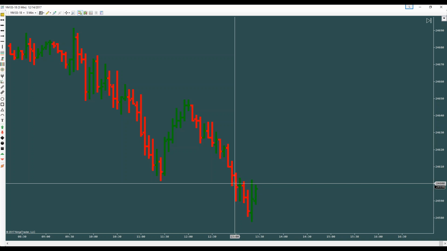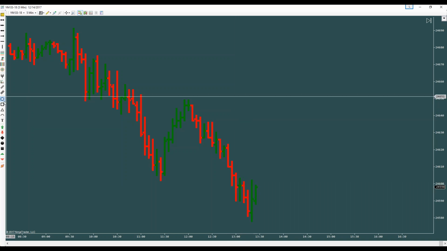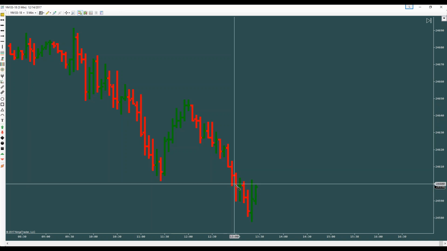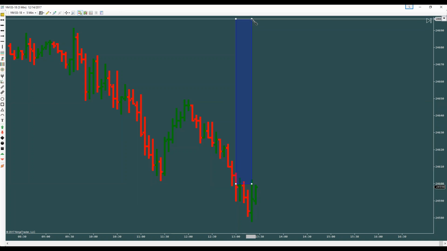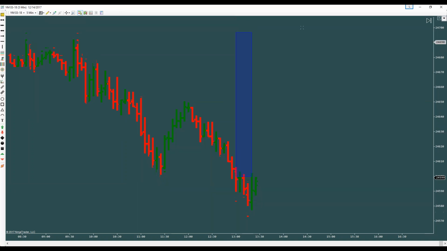If they're going to come out at 1 o'clock, basically right there at 1:58, 1:59, all they do is say, okay, so the market's right here at 24.6. So let's make a 100 pip spread that has a bottom or a floor of 24.6 and goes up 100 pips to 24.7. Does that make sense?